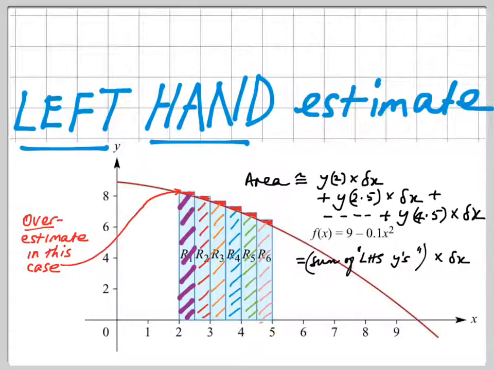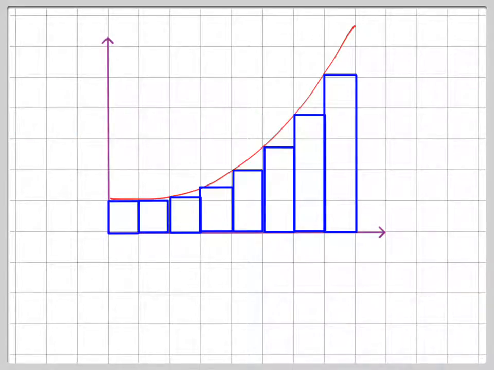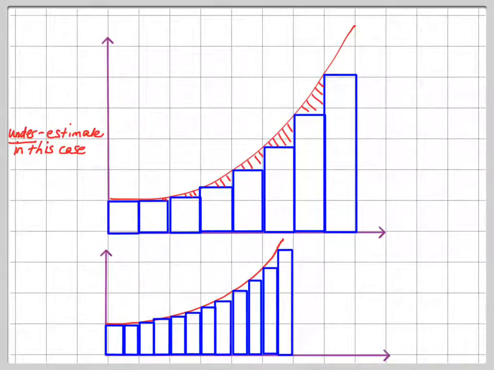Okay, so it's not perfect, but it gets better when you make the rectangles thinner, as we'll see on the screen. Now, in this instance, using the left-hand estimate technique, we haven't got an overestimate anymore for a curve that curves concave upwards, like that one does. We can see that we've got an underestimate, haven't we? And that's the underestimate.